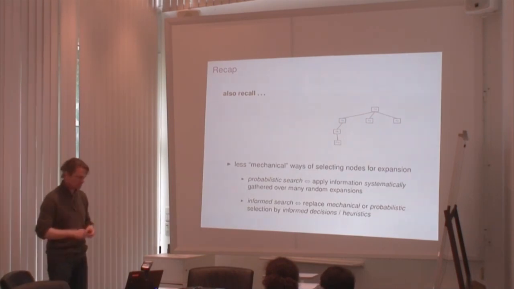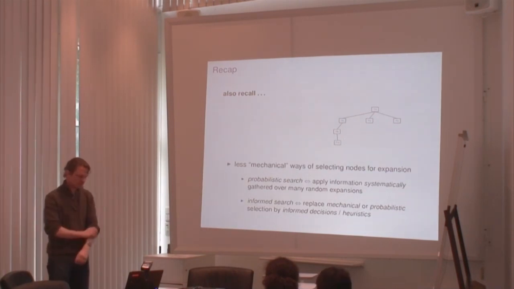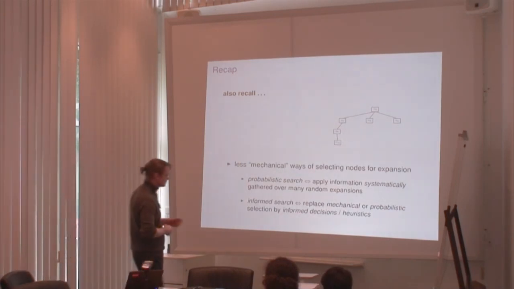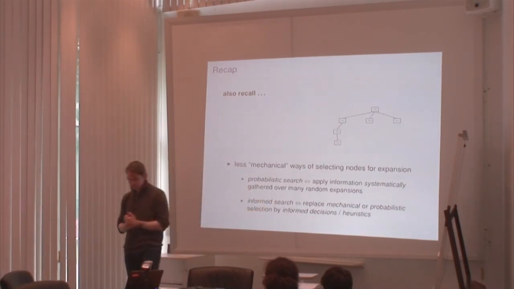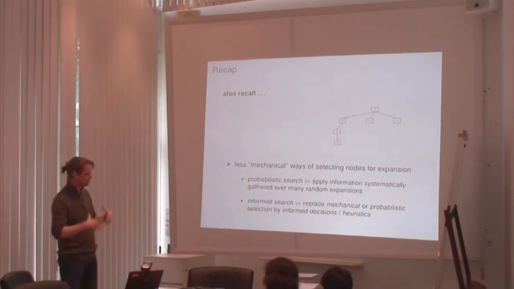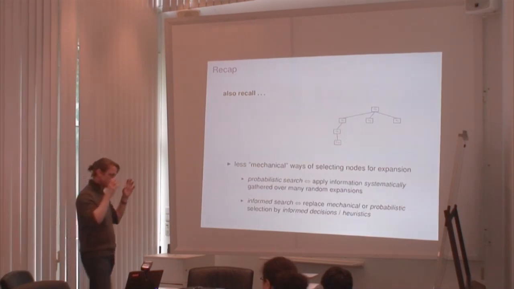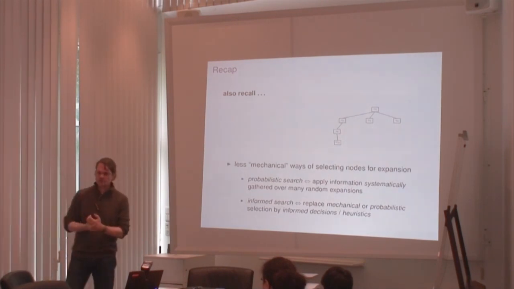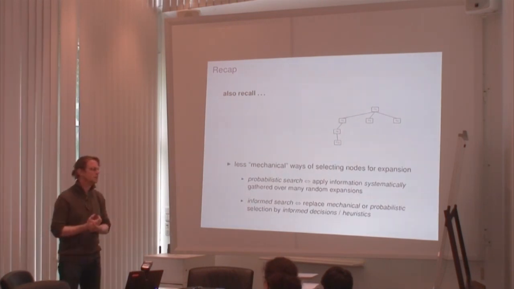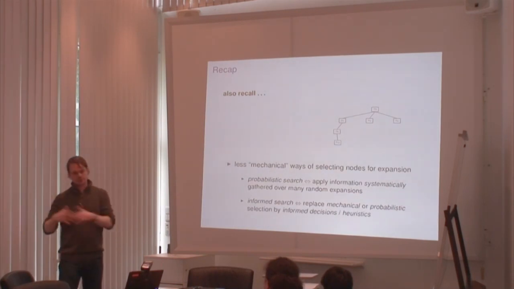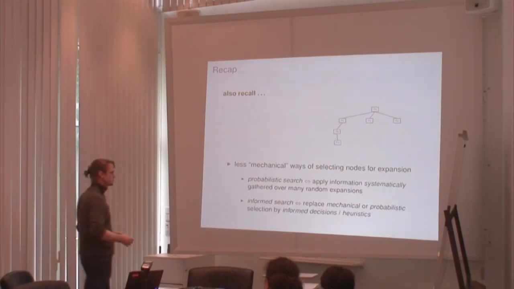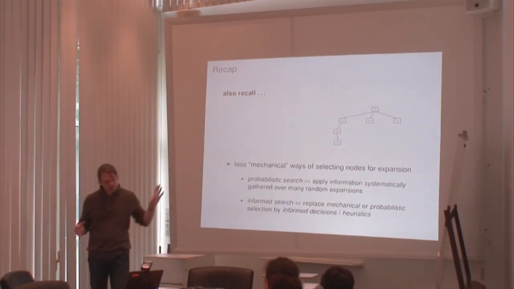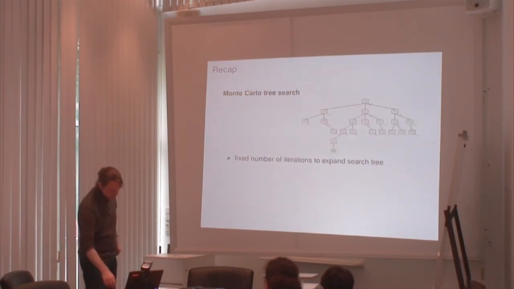Instead of expanding nodes purely mechanically based on the structure of the state space, we could try again to do that in a more informed manner by using evaluation functions or heuristics, which we may use to rank the nodes in the current fringe with respect to their merit for further expansion. So that would lead to the idea of best first search. We will come back to that.